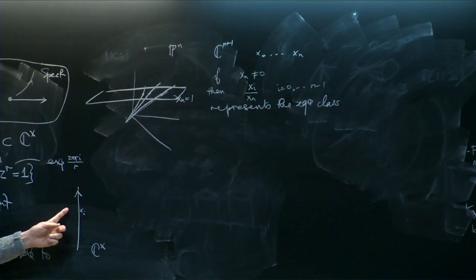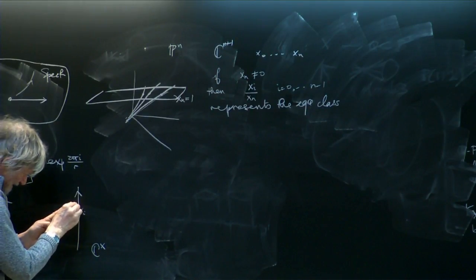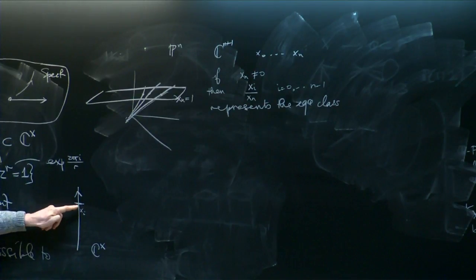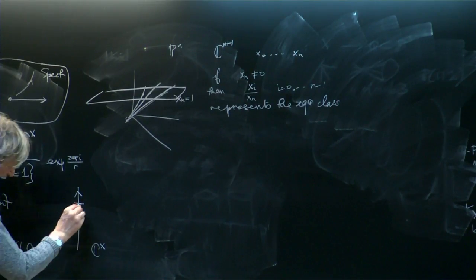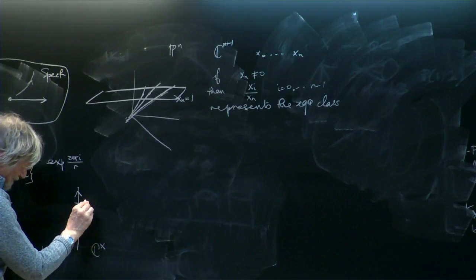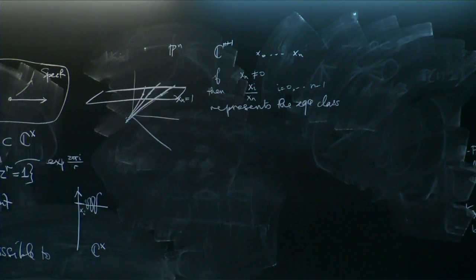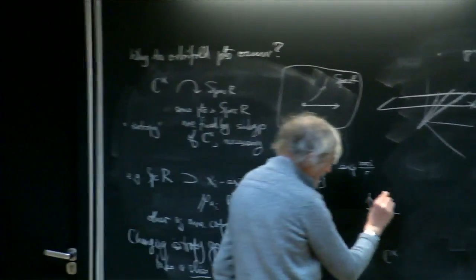But here, if I choose xi to be 1, it hits the xi axis in exactly 1 point, but it hits every neighboring fiber in a mu ai orbit, right?